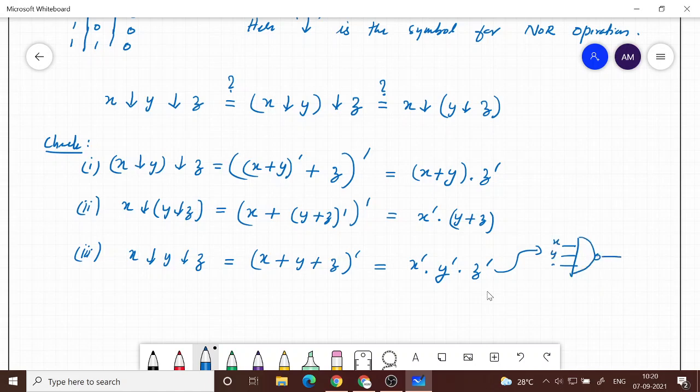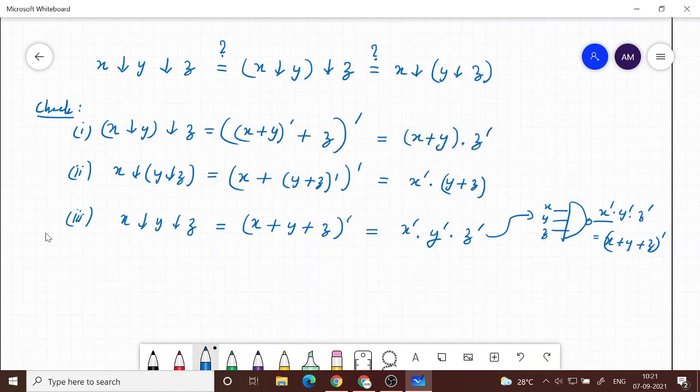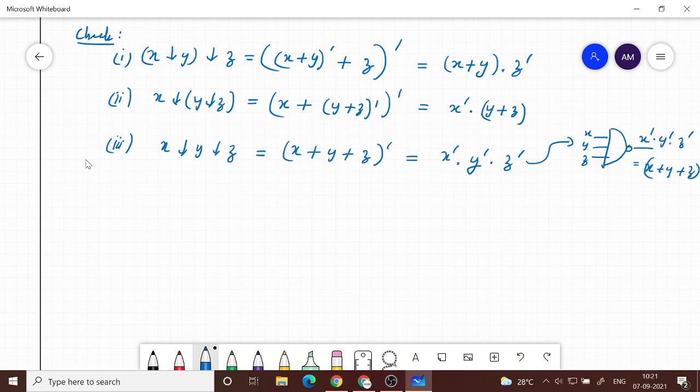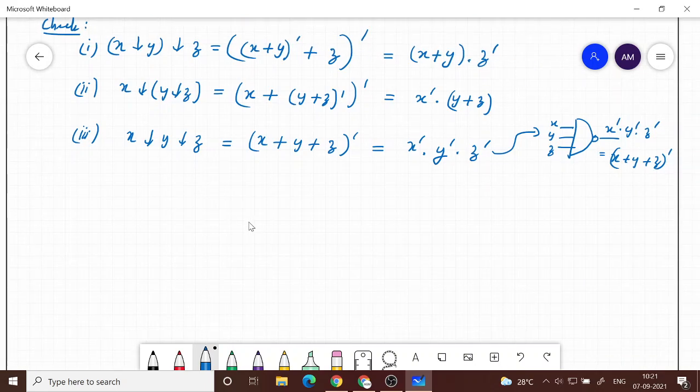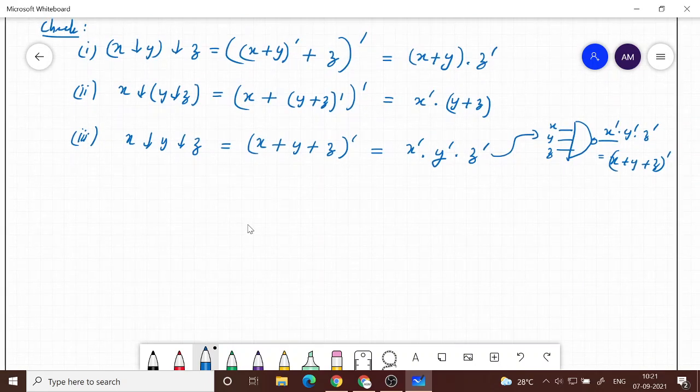So x, y, z, if you give, what you will get is basically x dash, y dash, z dash, or you can say x plus y plus z. Okay. So what looked very obvious in the case of OR operation and AND operation is not so obvious when you take other gates or other operations.